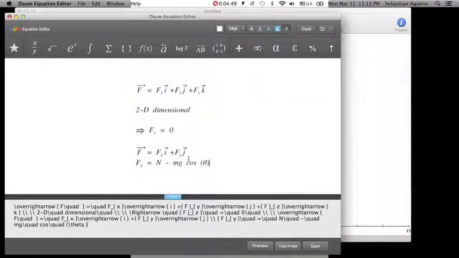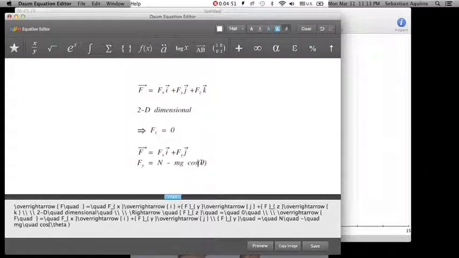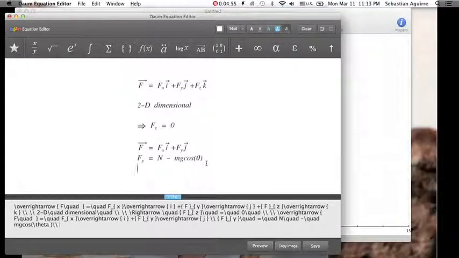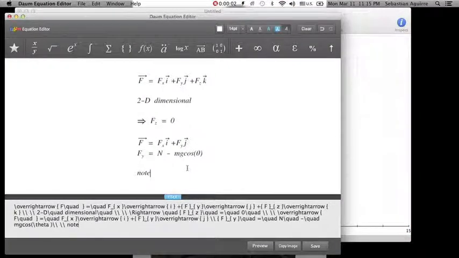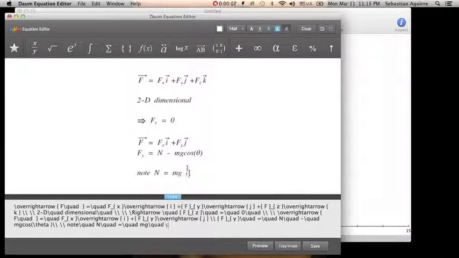This is physics 1 stuff. Note that the normal force in this case is equal to mg cosine theta.